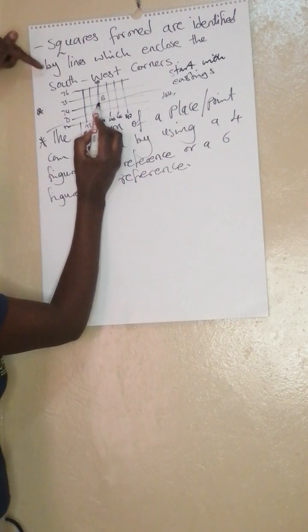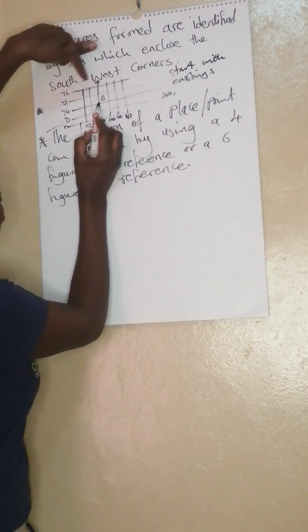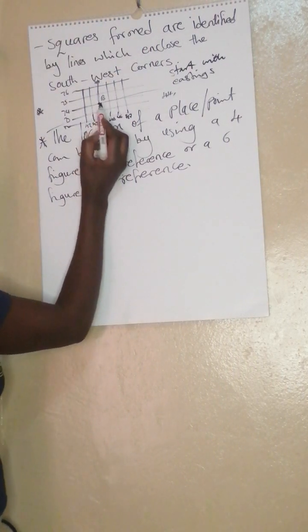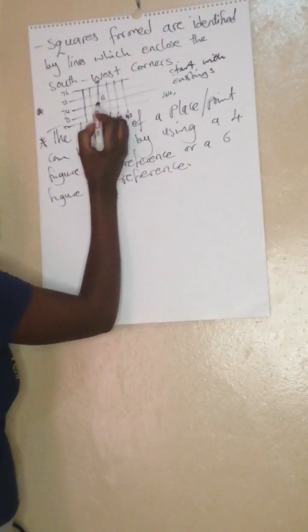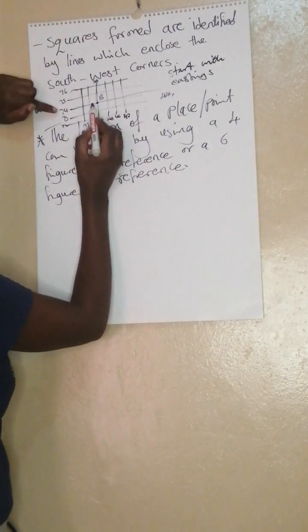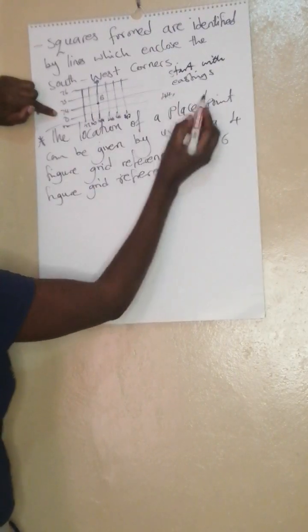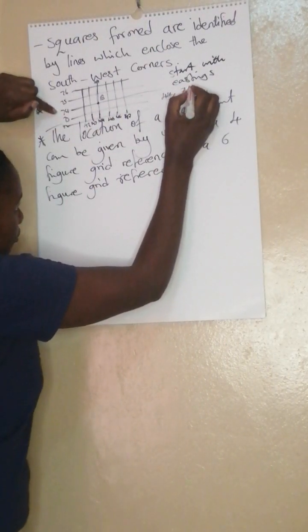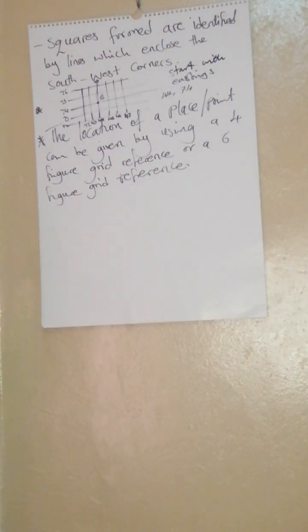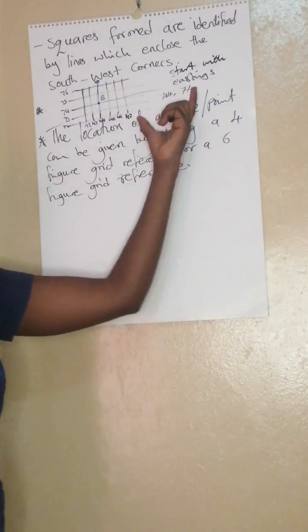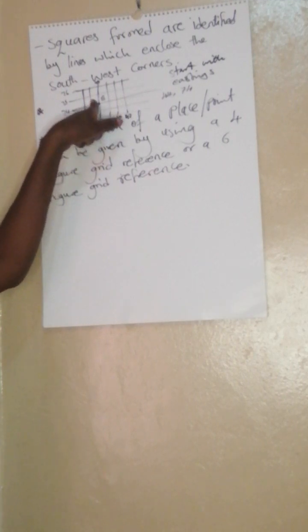Remember I said go to the southwest corner, and the corner is here. The line passing through this corner vertically is 44. The one passing through the same corner horizontally is 74. These numbers will tell me the location of point B.